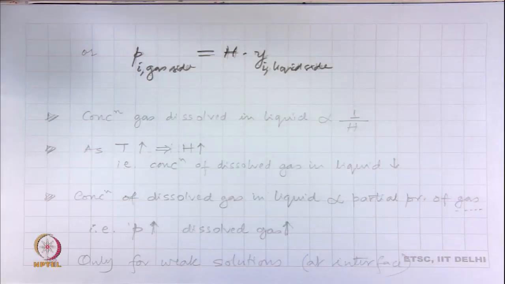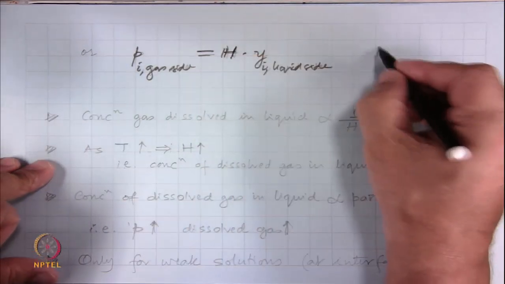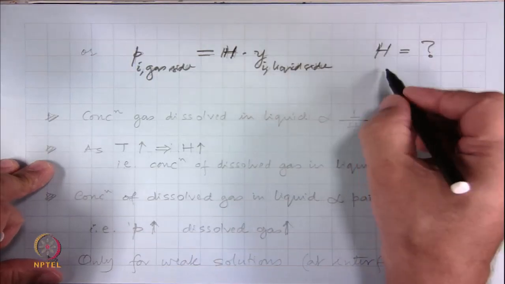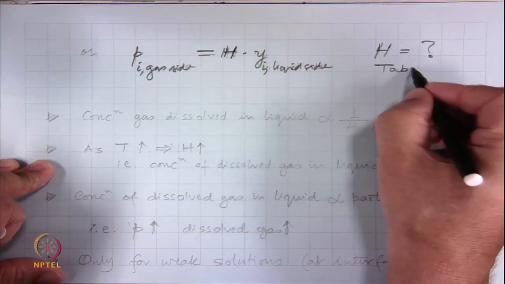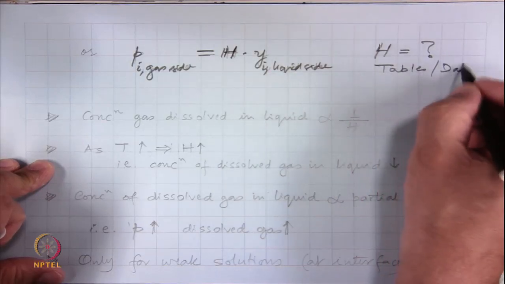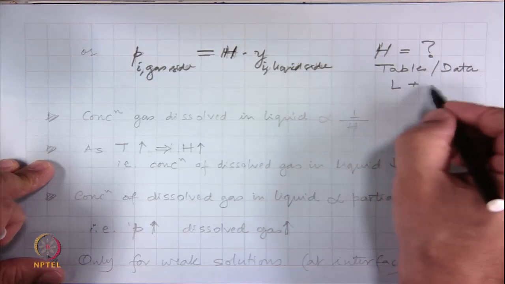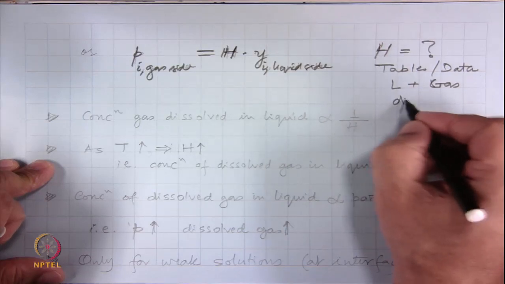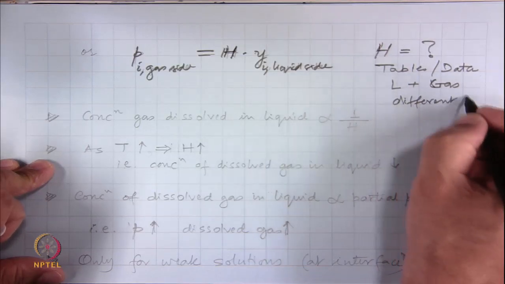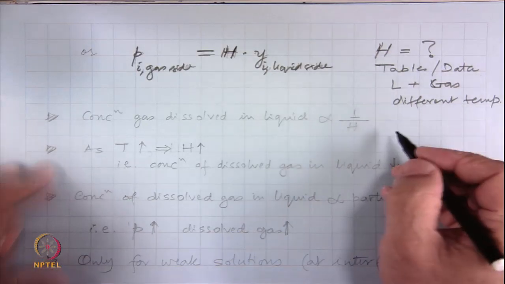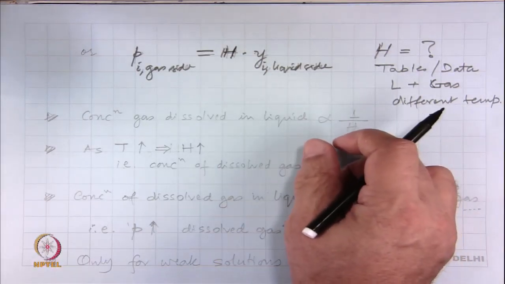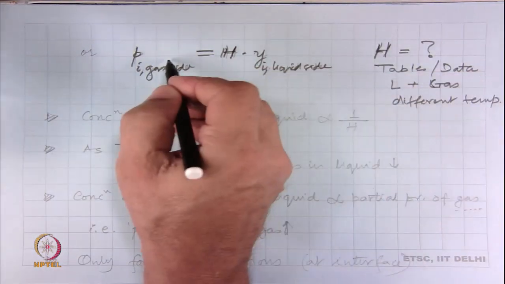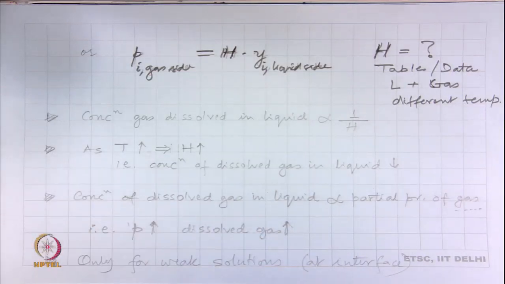So, the question is, how do we get the value of H? And for that, a lot of data has been tabulated for different combinations of liquids and gases at different temperatures. So, we can look up the problem, say in this case we are looking at air and water, we can look up air water data and from there get the value of H, use it here and start predicting these things.